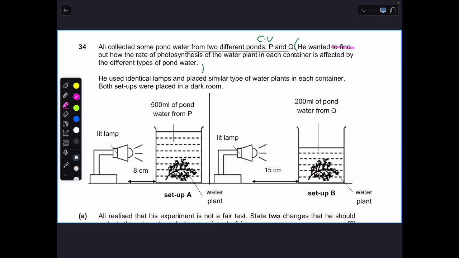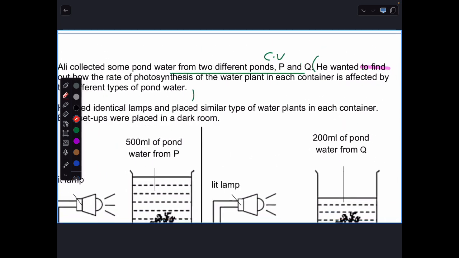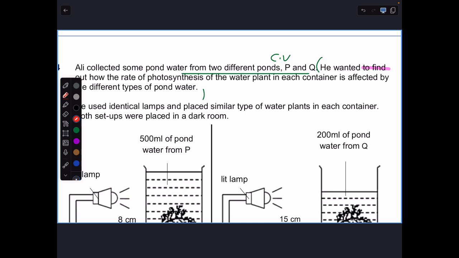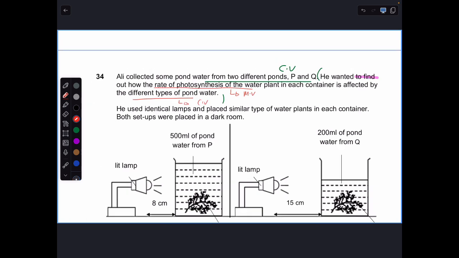So in my aim, all eyes on me, you will find both your change variable and your measured variable. It is always like that. So within this line, can you see how the rate of photosynthesis? This is my measured variable, or rather this is what I want to conclude. This is actually my change variable.